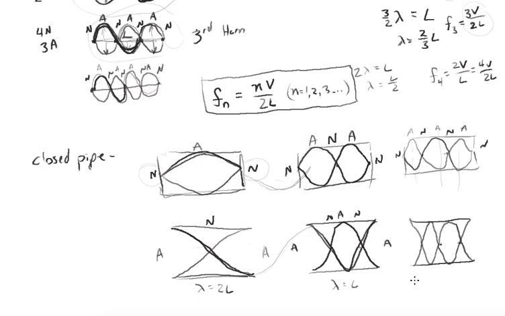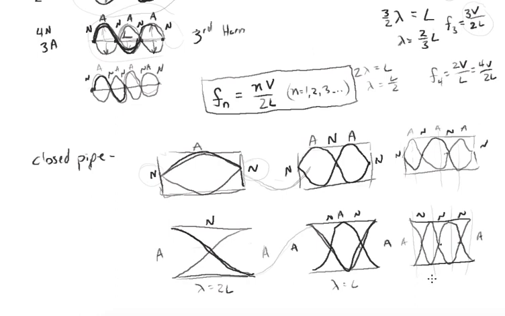But we're always adding one more node and one more antinode. So two antinodes, one node, to three antinodes, two nodes, to four antinodes, and three nodes. 1, 2, 3, antinode, antinode, antinode, right? 4 of those antinodes, okay?